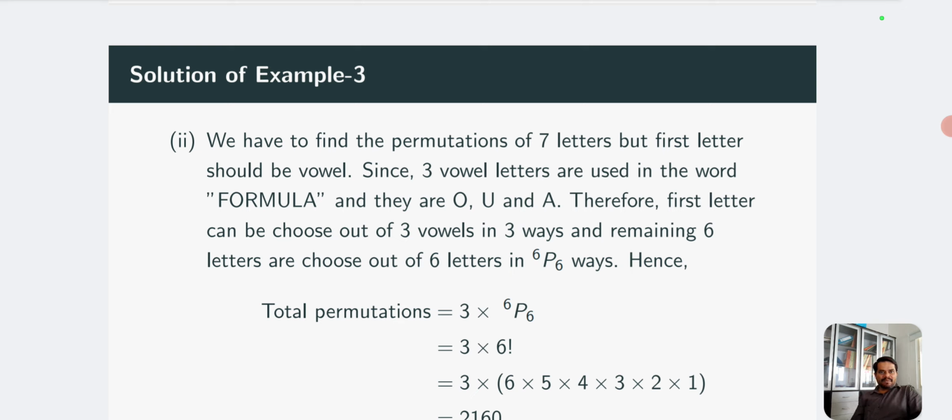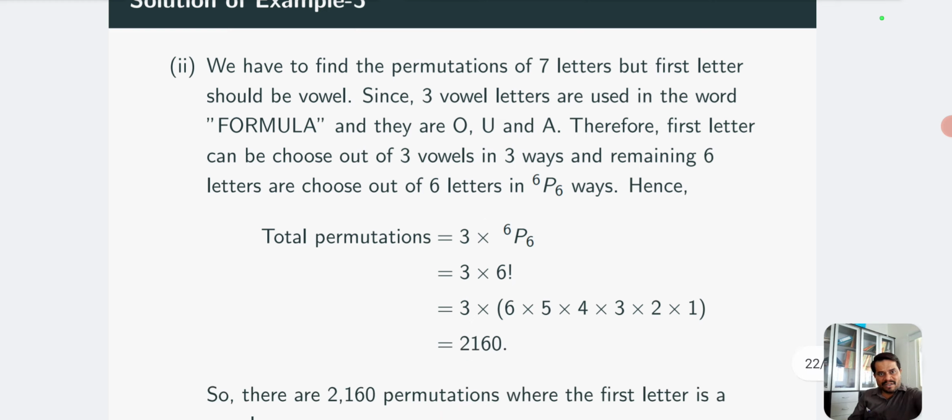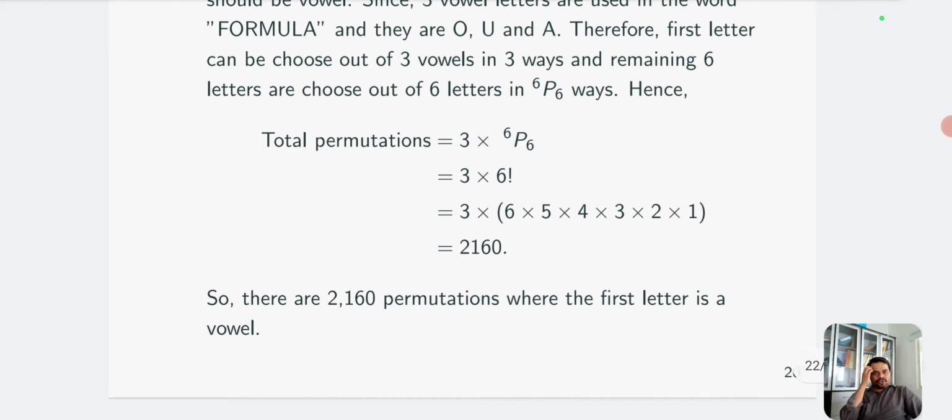Once we choose the first letter as a vowel, the 6 remaining letters can be arranged in 6P6 ways. So the total permutation is 3 times 6P6, and on calculating we get 2160 permutations where the first letter is a vowel.